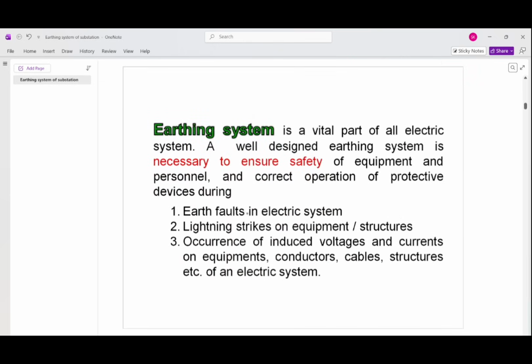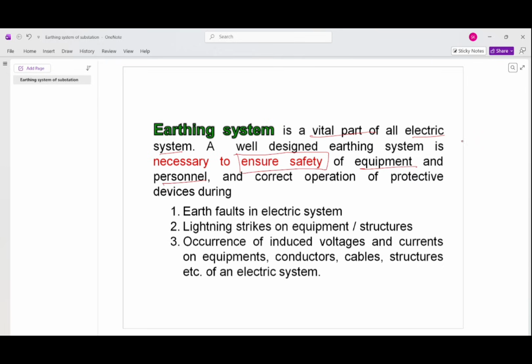Earthing is a very vital part of electrical systems. A well-designed earthing system is necessary to ensure the safety of equipment and the personnel working in the area, and the correct operation of the protective devices.